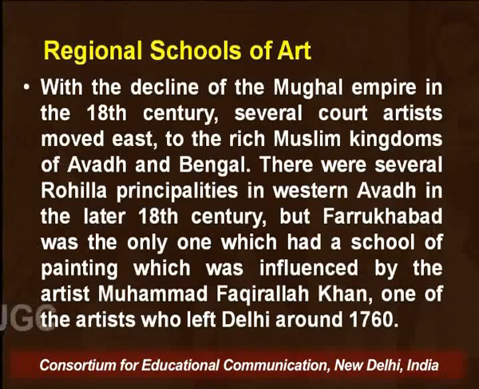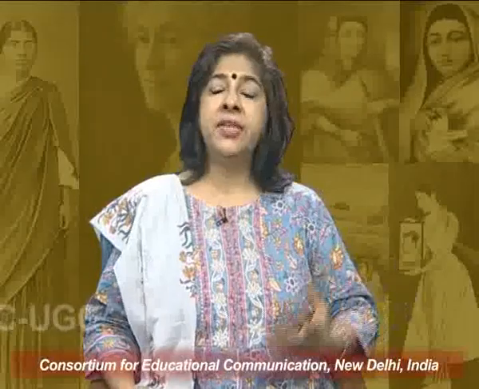Then there was Farrukhabad, which had a school of painting influenced by the artist Muhammad Fakirullah Khan, one of the artists who had left Delhi around 1760. So, a large number of paintings captured different scenes.